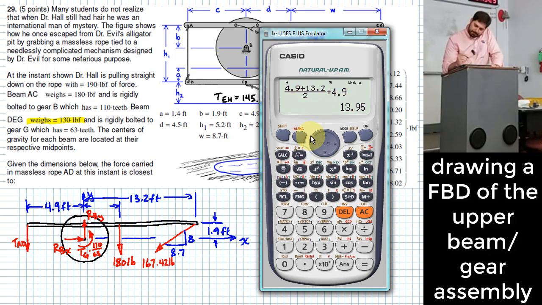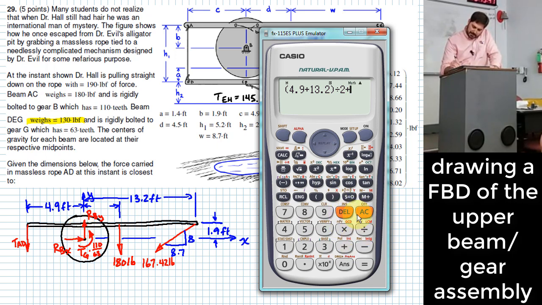Doesn't seem right. Try it again. 4.9 plus 13.2 divided by 2 plus, no, not plus, minus. That may have been my error before. 4.9.